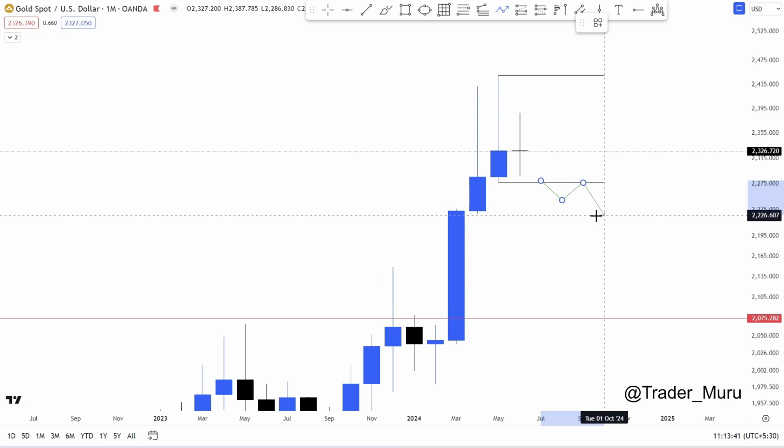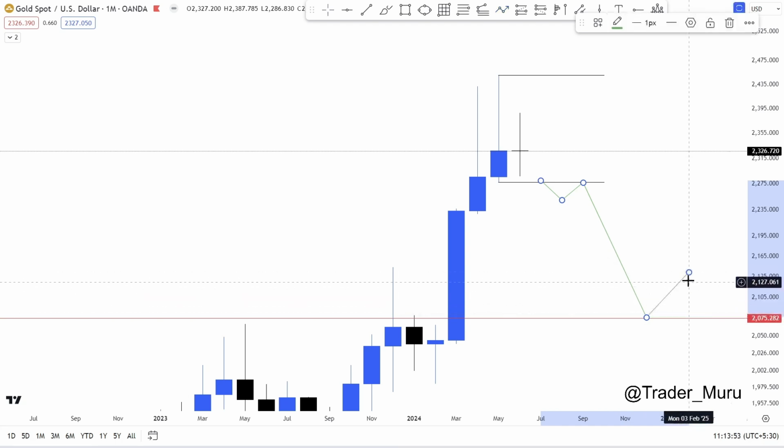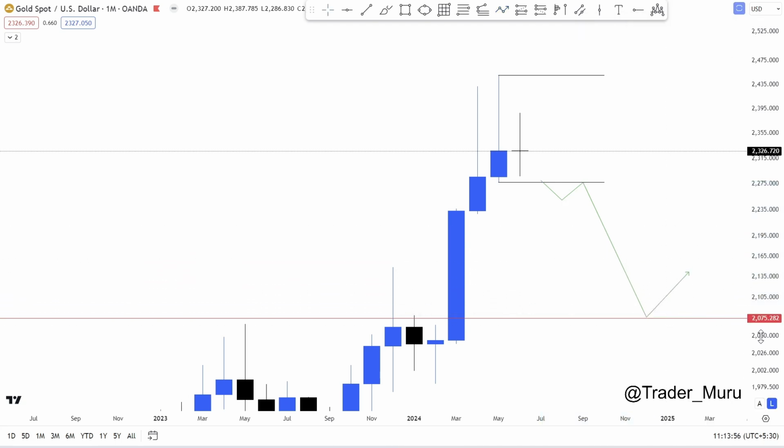The first target will be here, 2226, then the second will be here, 2149, which is this high, and the third will be this. Then you can again expect upside. 2075 is my final target for the monthly chart if this rally continues in downtrend.